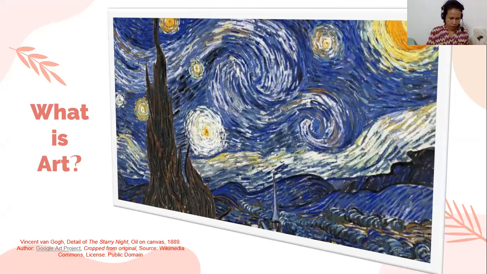You'll be seeing the combination of chromatic blue, and some are white, and some of the colors that you will be seeing here are black, for example this one. This is a cypress tree, and then mostly more on twirl ng chromatic blue.